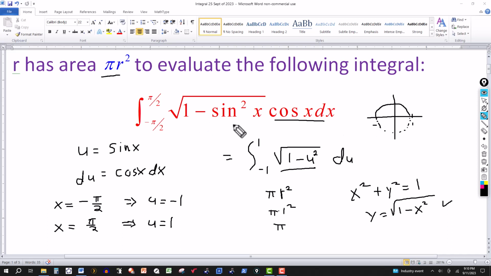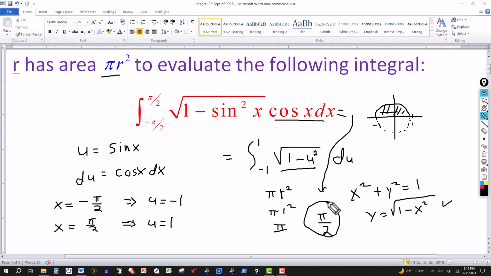But in the setup that we have here, we have the positive square root. So we want the area contained by the top half of the circle. That's this area right here. Pi is the area of the entire circle, but we want half the area because it's only the upper half here. So we take half of that, and this is equal to pi over 2.